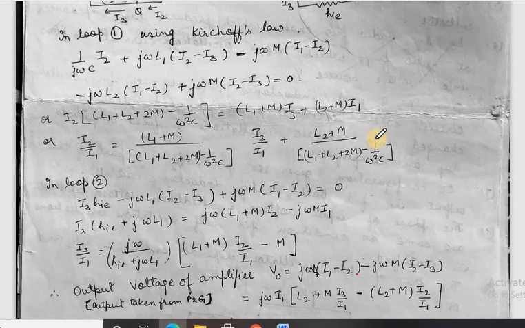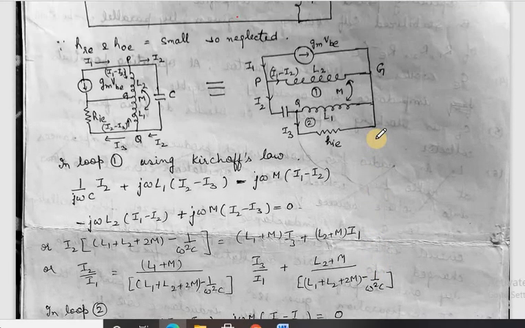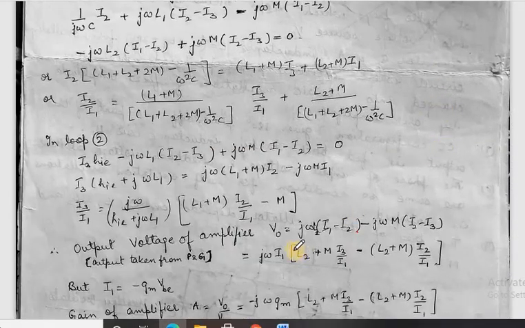Now in order to find the gain we want the output voltage. So first of all we'll be finding the output voltage. Here in the Hartley oscillator the output is taken across P and G. So we'll be calculating the output voltage between the points P and G, and that we'll write as V0. So what will V0 be?